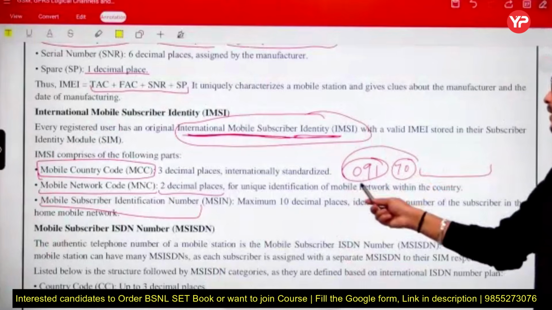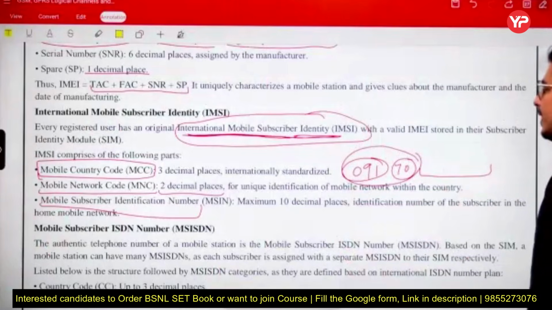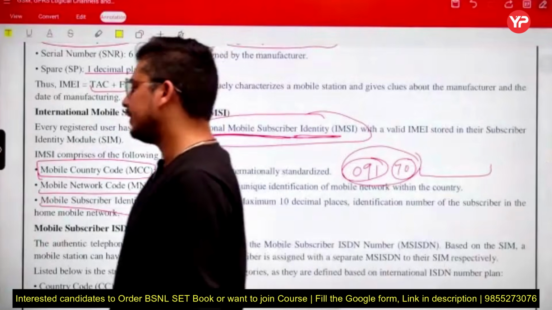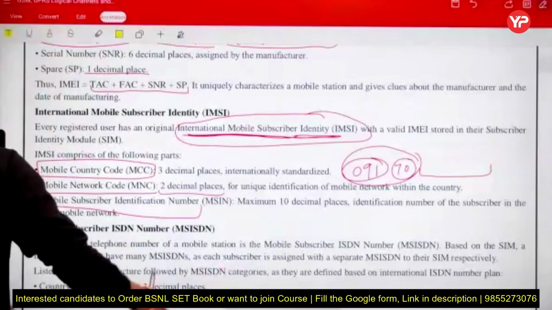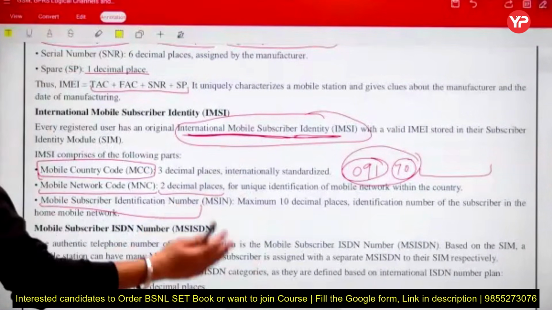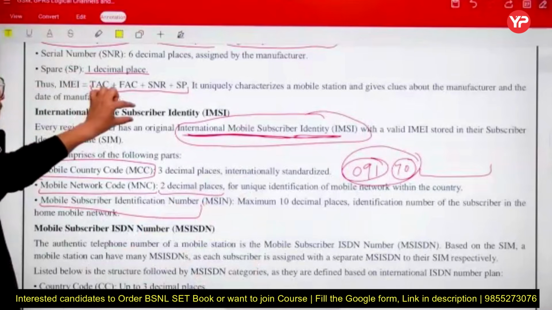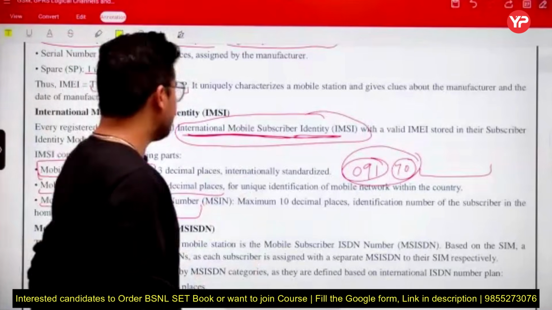These five initial places are fixed, and then the next 10 places we can use for your mobile subscriber identification number. So this is the complete international mobile subscriber identity.